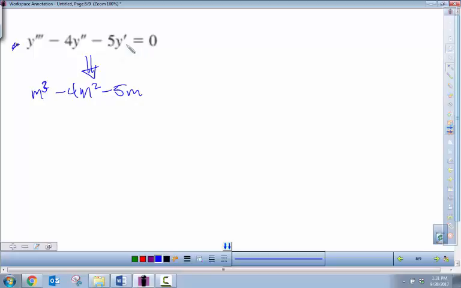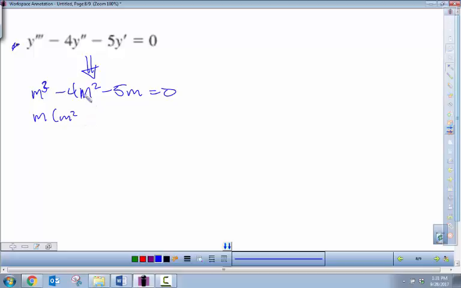And if you have just a plain y, then that's just m to the 0 power, which is 1. So in this case, we have a third degree polynomial that we should be able to factor or find roots to. And it looks like the m factors out.